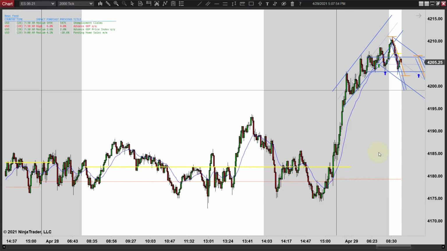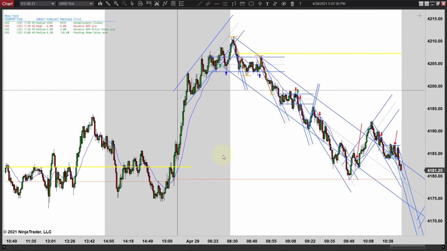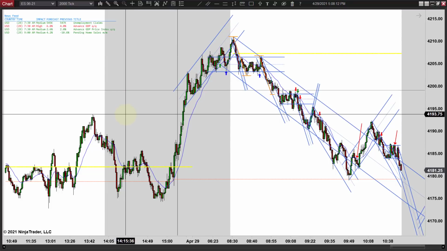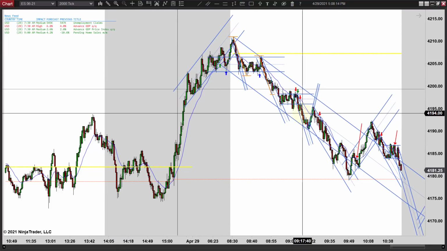Charts don't like gaps on them. They generally fill those gaps pretty quickly. So it was no surprise that prices traded down to fill that gap, which was right across here. When prices traded down to right here, they filled that gap.